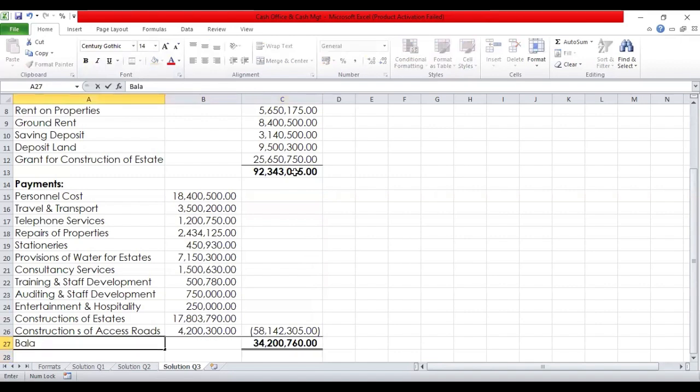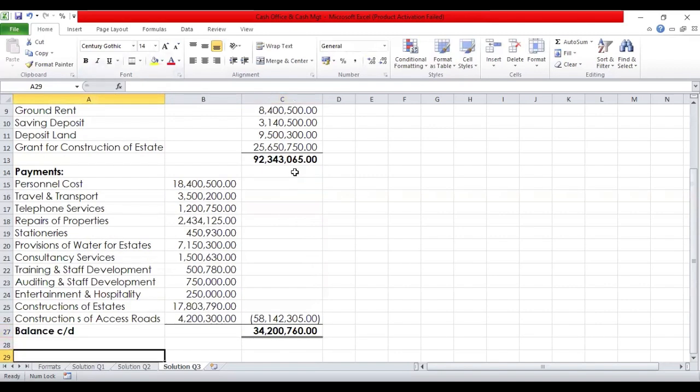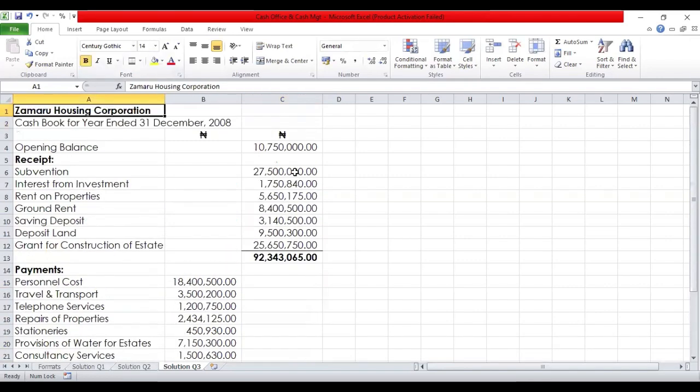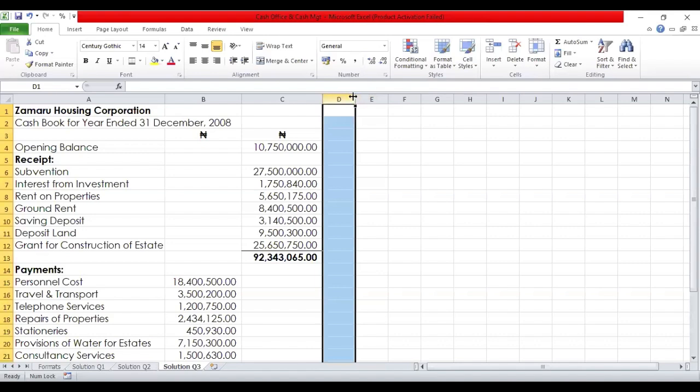Balance carried down. We are done for the first phase of the question.